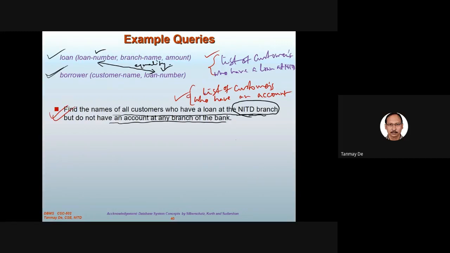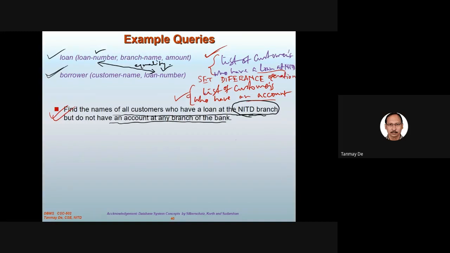Theoretically, please tell me first. I already gave some hints. The list of customers who have a loan and the list of customers who have an account. So if we perform the set difference operation between them, then what do we get?